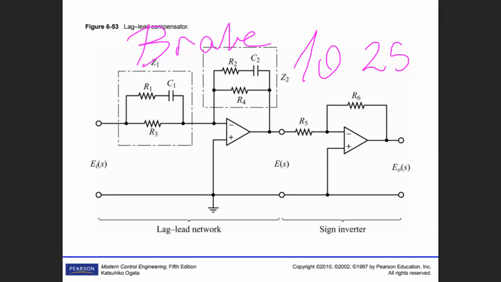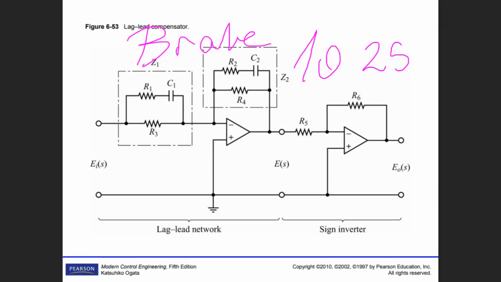However, if you are not happy about the steady state error, then lag compensator is also needed. If you are happy about your transient performance, the transient response, the maximum overshoot, settling time, then that is it.